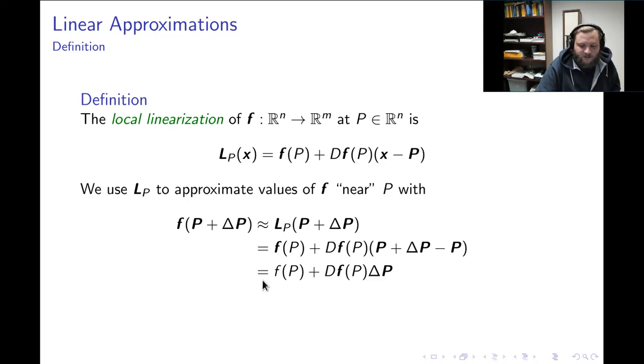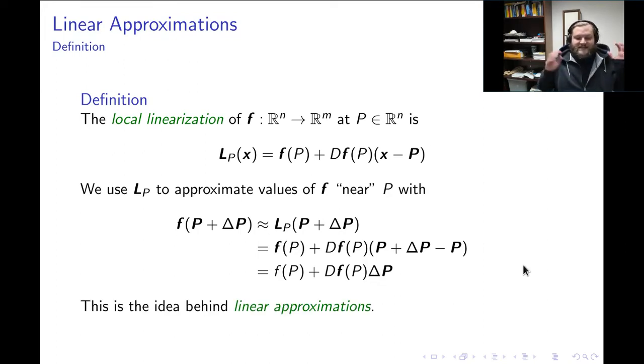And what I'm left with is f of P plus the Jacobian derivative of f evaluated at P times delta P. So this is the idea behind linear approximations. If you know your original output of your function, and you know the Jacobian derivative at that point, when you deviate from the original input, you can use this as an approximation of the new output of your function.